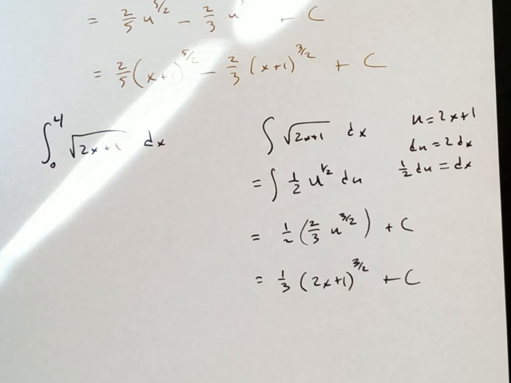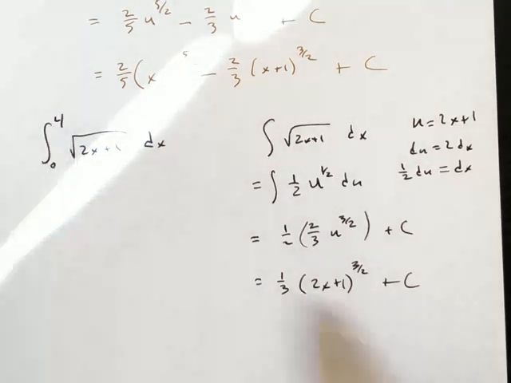The fundamental theorem of calculus says take your antiderivative, plug in the top number, plug in the bottom number, and subtract the two. Capital F of B minus capital F of A. I can do exactly that.